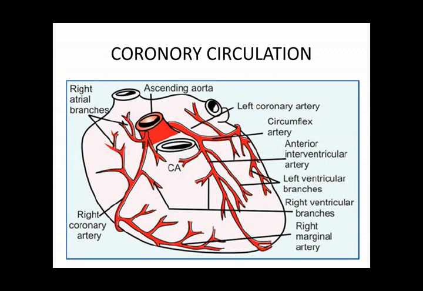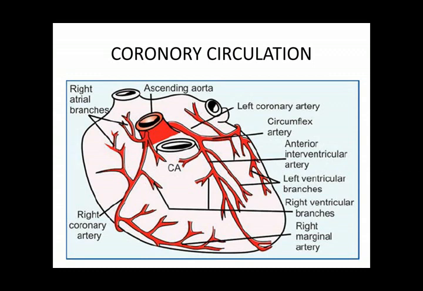The important thing is this: to understand the ischemic event of the heart, this circulation should be in your mind. These are the main supply of the heart. But the second important point is that these arteries communicate with each other.